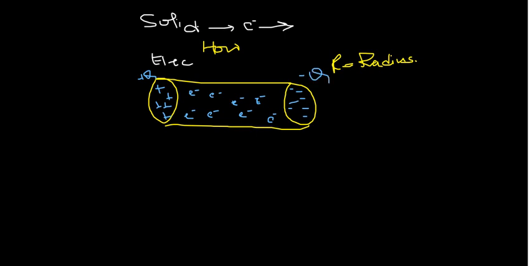Now try to understand what will happen. The idea is very simple. All these electrons move towards the positive plate. In the diagram we can see that all the electrons move towards the positive plate itself. These electrons move towards the positive plate and combine with the positive charge.